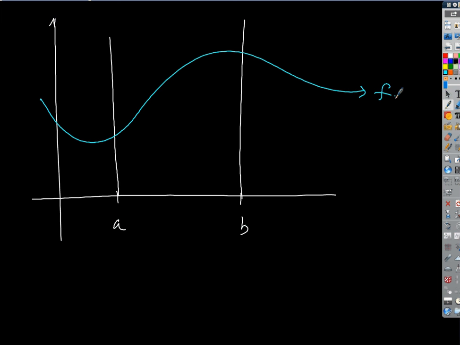Okay, I want to find the average value of the function on the interval from A to B. Suggestions.